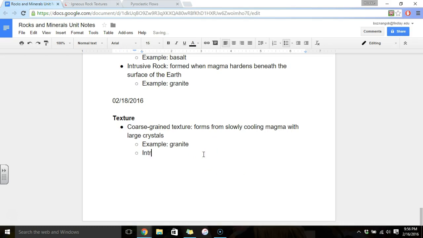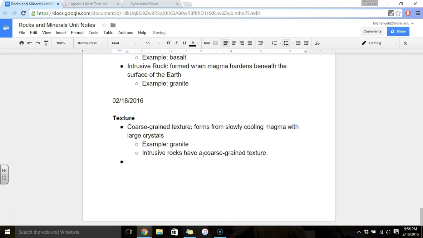So I'm going to put intrusive rocks have a coarse-grained texture. And that makes sense. If it's something slow cooling, it has more of an opportunity to grow. So if the magma is slow cooling the way it is, the crystals have a chance to get really big.